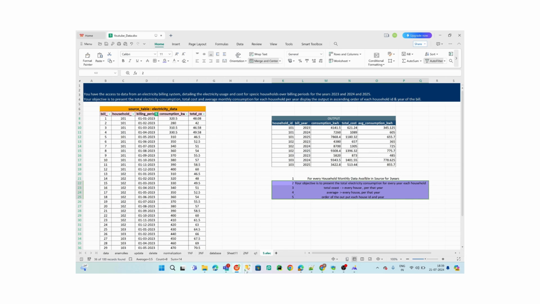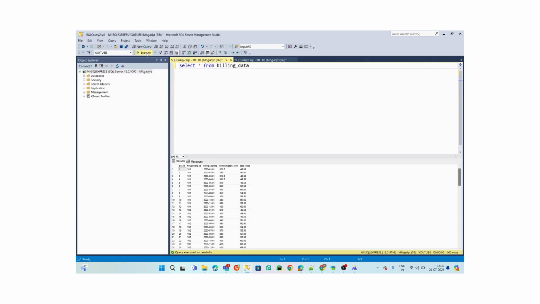So let me go to the SQL server. This is what we have. They are talking about each year, right? So let me display the data year wise. For that, if I go to the date column, this is our date column. From this data, we need to extract the year.